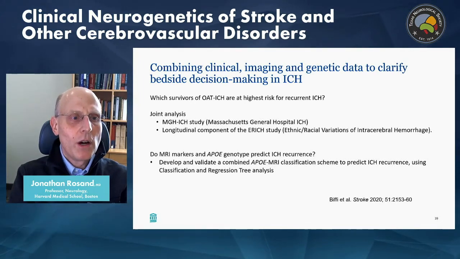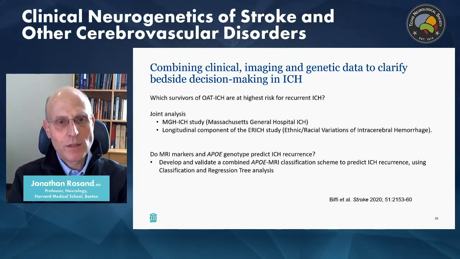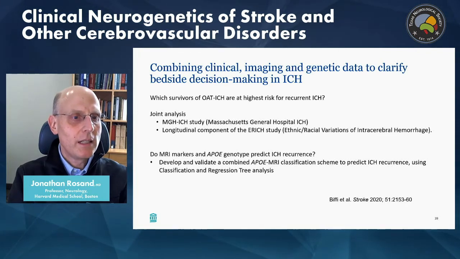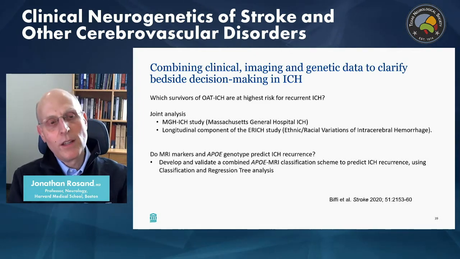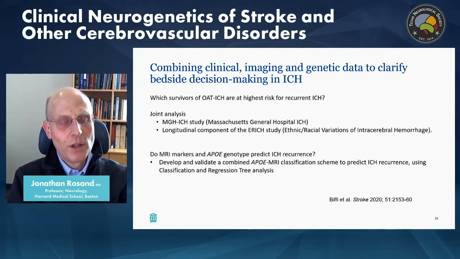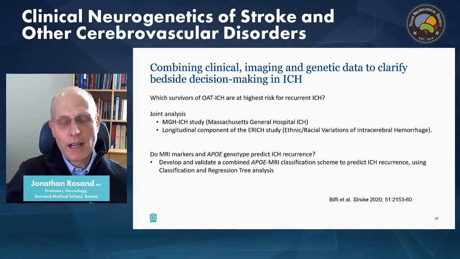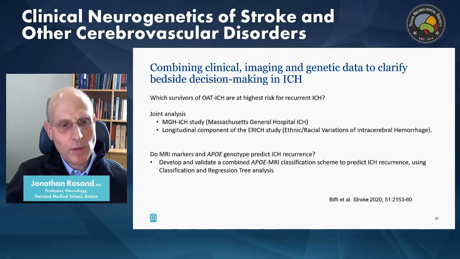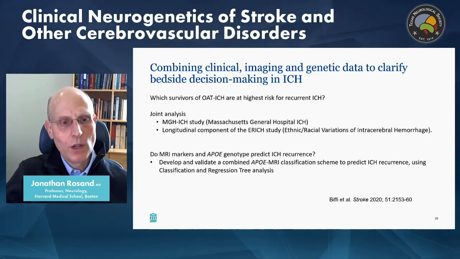Those individuals are at particularly high risk because, on the one hand, as you saw before, they are at high risk for developing progressive cerebral small vessel disease and having another hemorrhage, and on the other, they in general have an indication for anticoagulation, most often atrial fibrillation. They're at risk for developing thromboembolic stroke. So we'd like to separate out those people at highest risk for ICH recurrence, who perhaps shouldn't be anticoagulated, from the remainder, who should be put back on their anticoagulation.